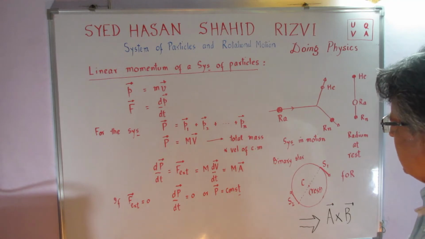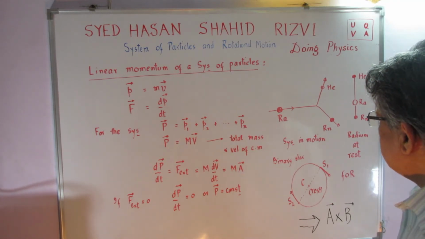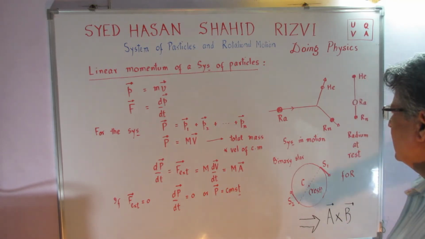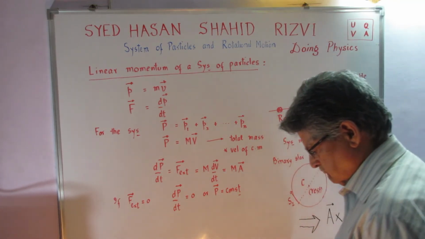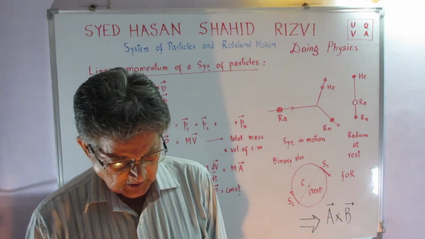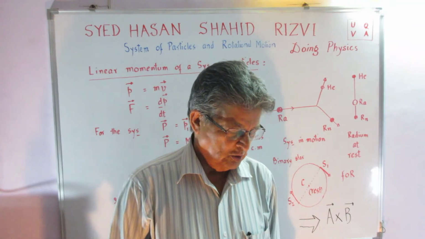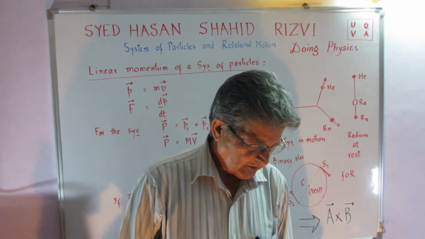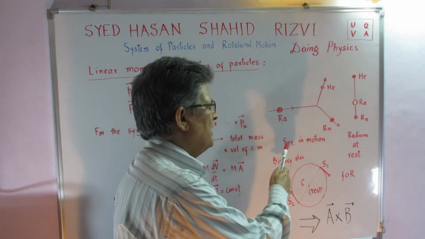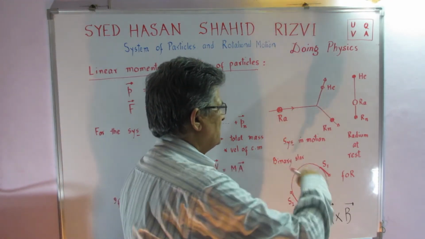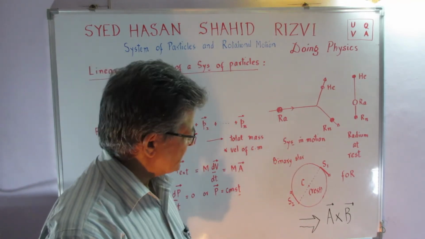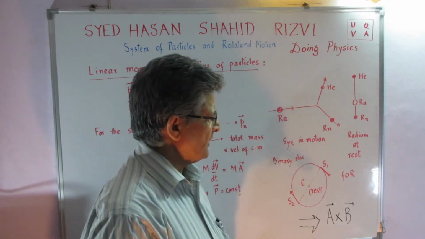I am just taking an example. An example is that there is a radium nucleus or radium atom, because it's so heavy that we need not include the electrons, etc. What happens is that at this instant of time, while the system is in motion, there is radioactivity, and it splits into two components.